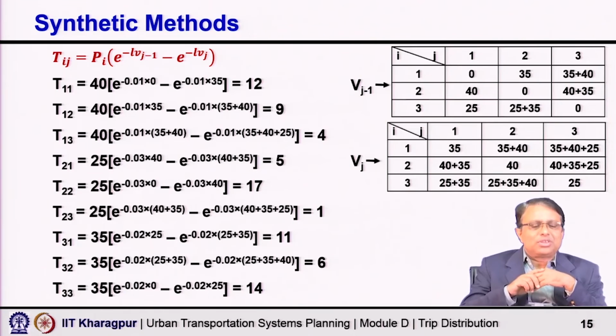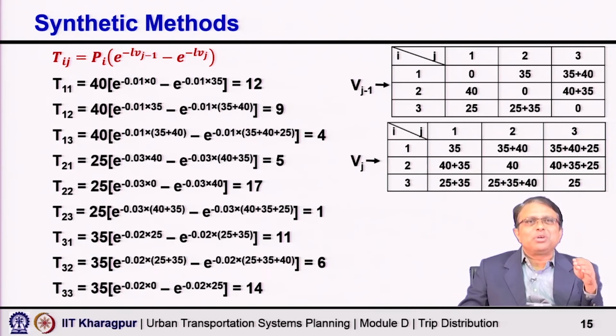So, here you will use the equation T ij equals P i times e to the power minus L V j minus 1 minus e to the power minus L V j. It is unconstrained, so we are not putting any constraint. Accordingly you calculate T 11, T 12, T 13, and like that 21, 22, 23, 31, 32, 33. Okay. The remaining calculation is very straightforward.